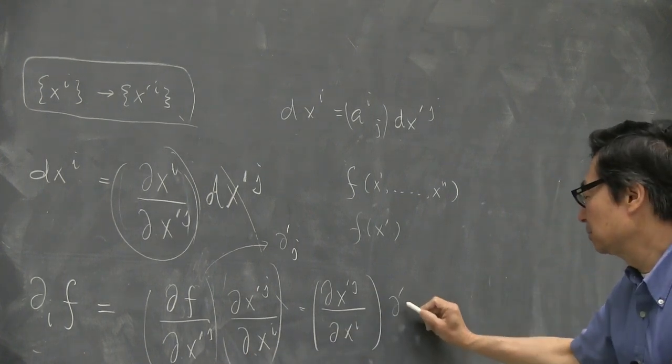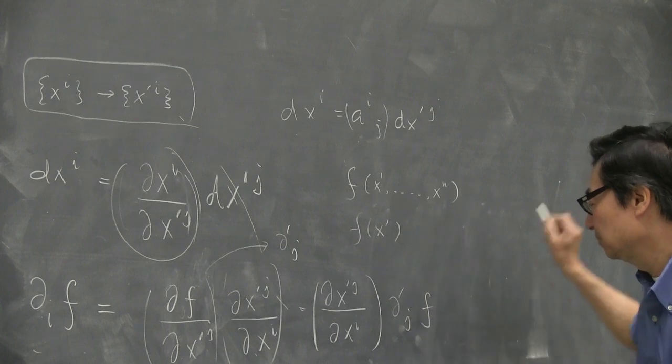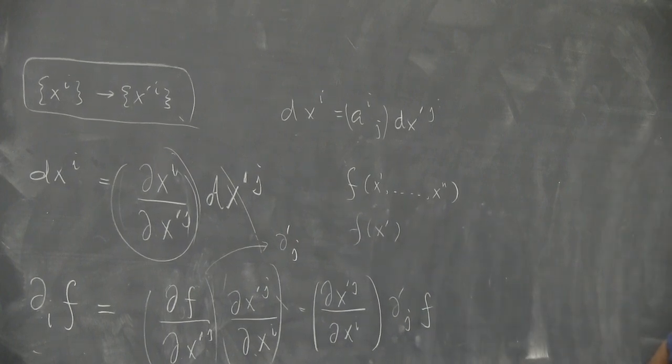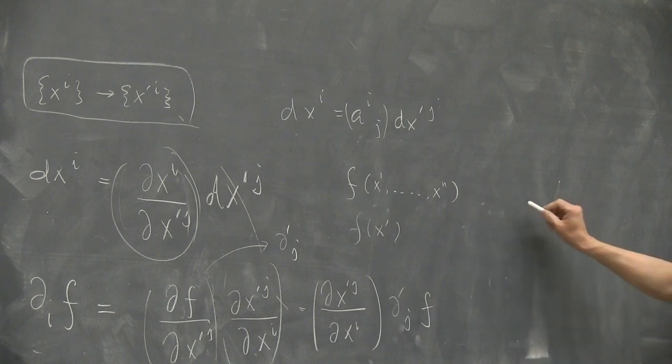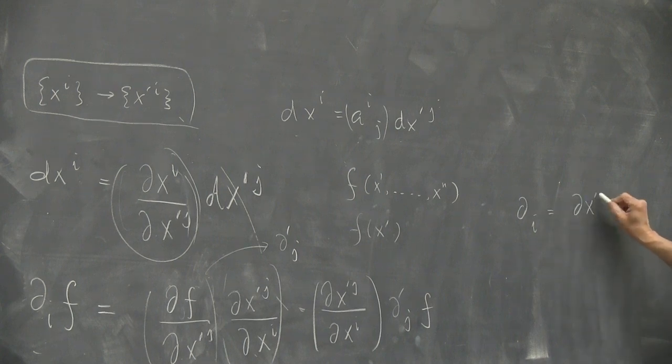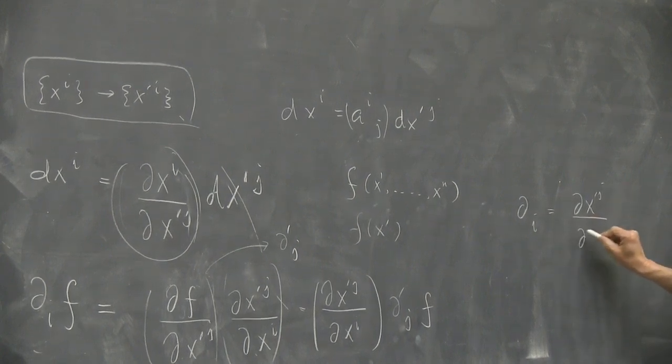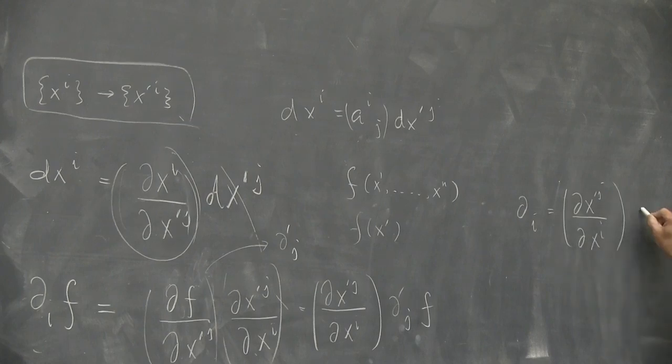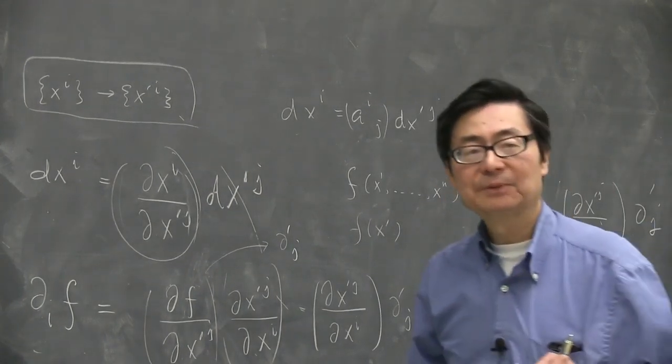So d prime j f. Now I simply strip away the f, right? So that I can now write di is equal to dx prime j dxi d prime j. Okay?